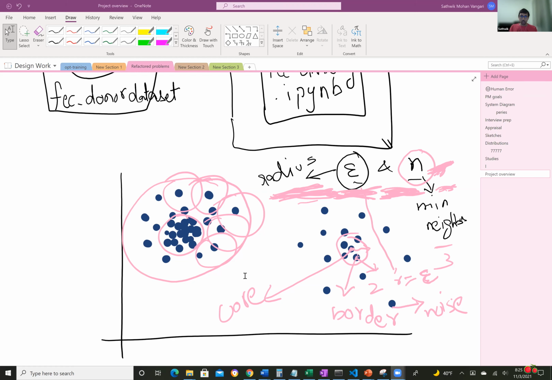Okay. Now, these are the 2 parameters as we discussed: epsilon, the radius, and n, the minimum number of neighbors that a point needs to have. So for every point, you draw a circle around that point, with the point as the center, and the radius of that circle is epsilon. That's what you define to the model, right?